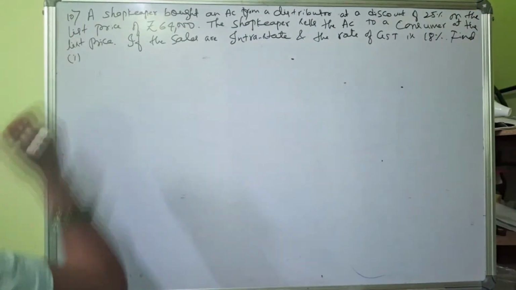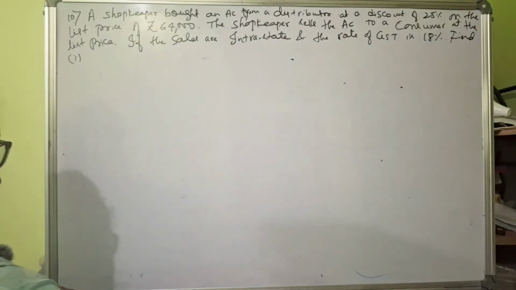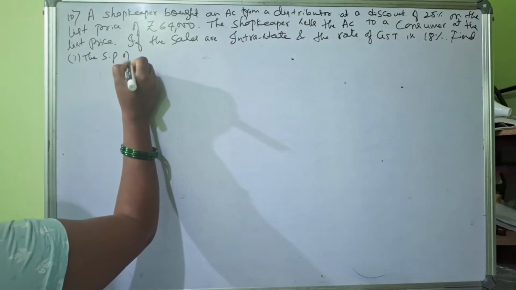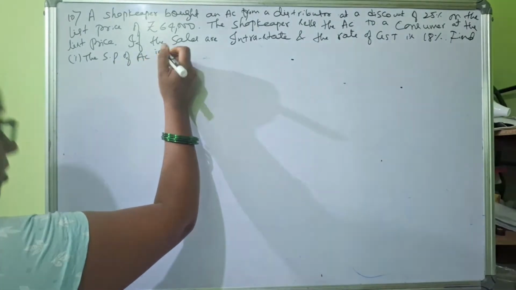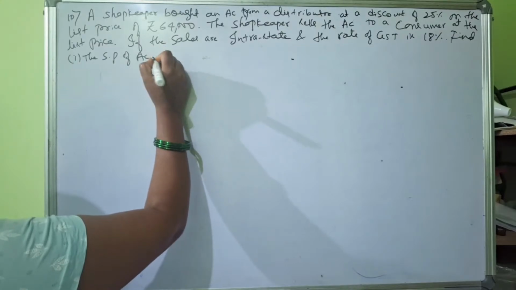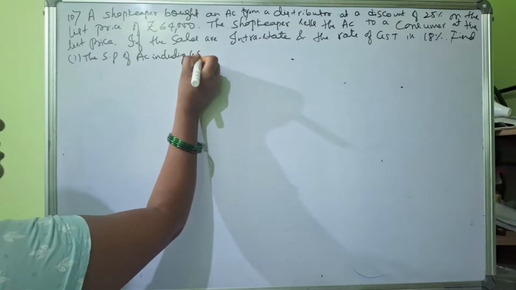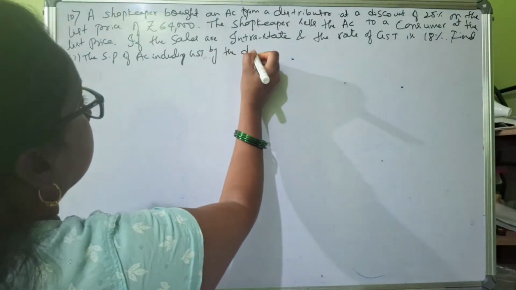the first question is, the selling price of the AC including GST by the distributor.